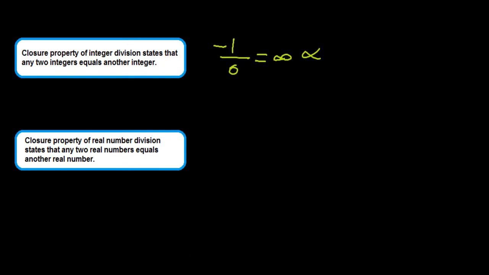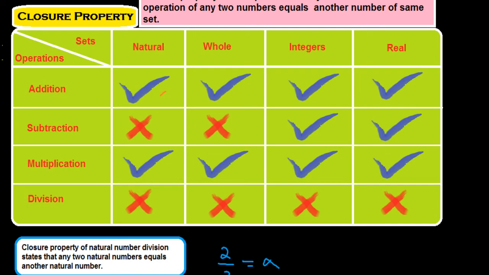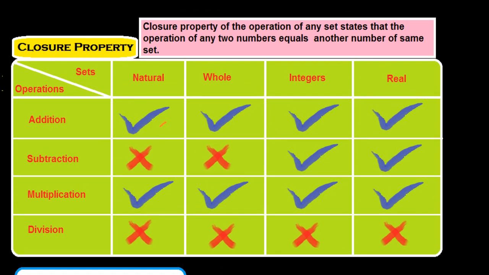For real numbers, root 5 over 0 is also infinite, so these are not closed on any side. So look at the division for the closure property, it is not closed in any set, as the set of natural numbers, whole numbers, integers and reals, it is not closed anywhere.